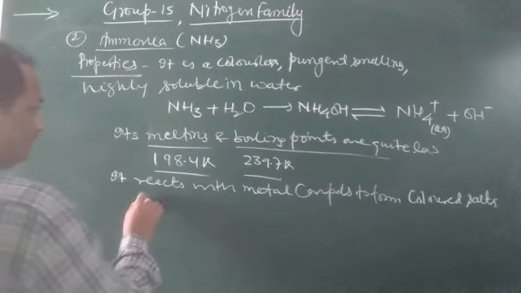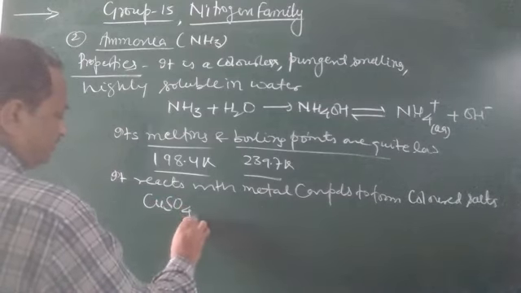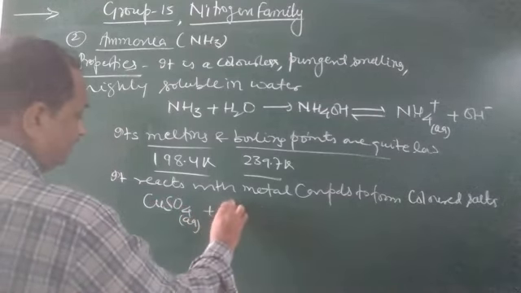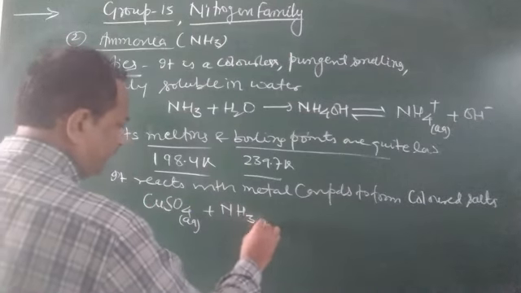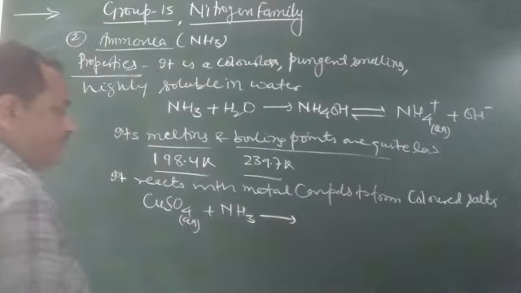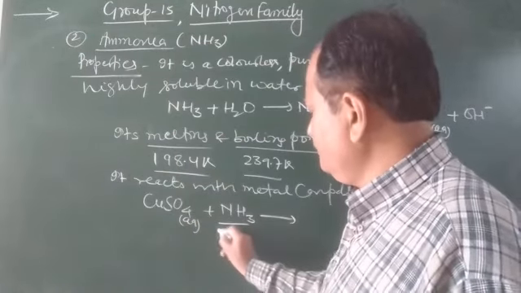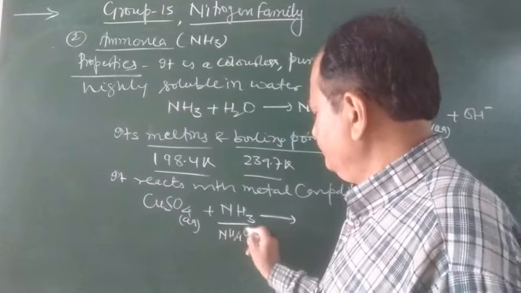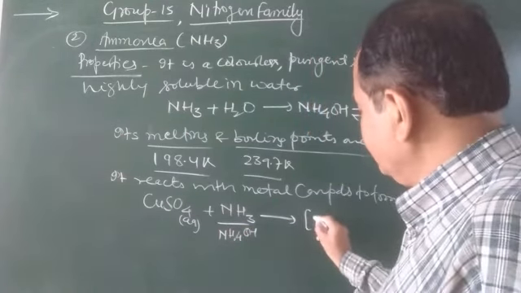See how? If you take copper sulfate aqueous and add NH3, or in place of this we may take ammonium hydroxide, both can be taken, there is formation of a complex.